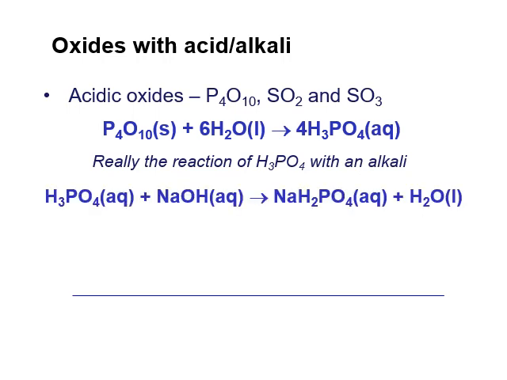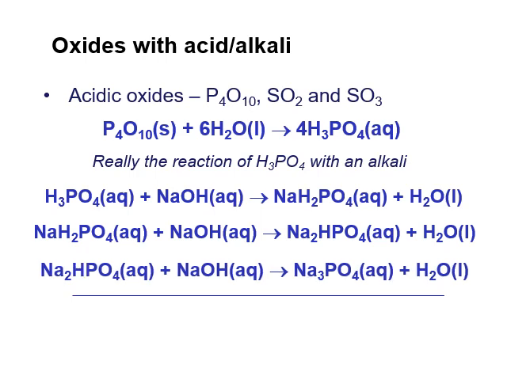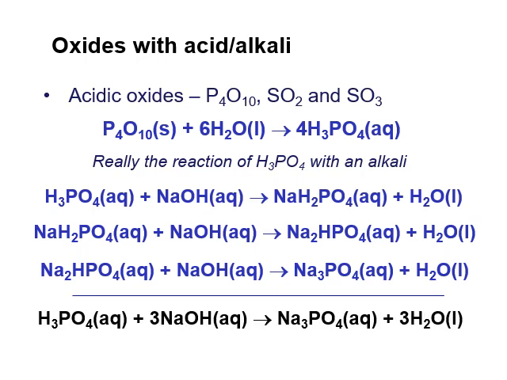This time also we've got our triprotic acid, so we're going to react it one at a time. So here's the first. Then once you've made that NaH2PO4, you can react it with another molecule of NaOH, and that'll take off the next hydrogen, and then you can take off the third one. So you could see it stepwise, or we could put all that together and just have this reaction here showing the overall removal of all three of the H's from the phosphoric acid.